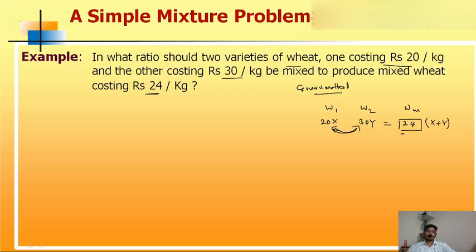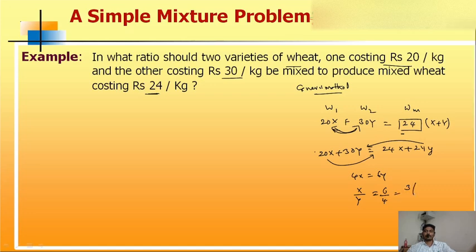If I combine them, the equation will be 20x plus 30y equals 24x plus 24y. Rearranging, I transfer terms to either side, and it becomes 4x equals 6y, so x by y equals 6 by 4, which equals 3 by 2.